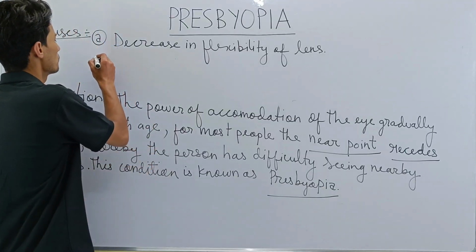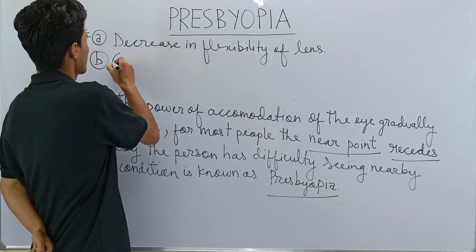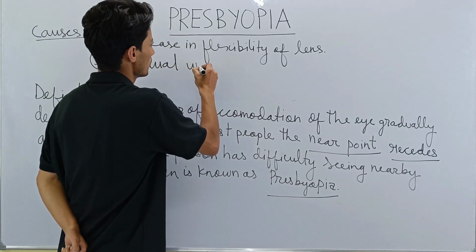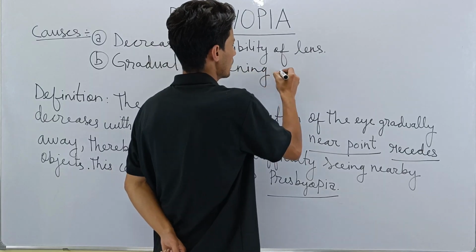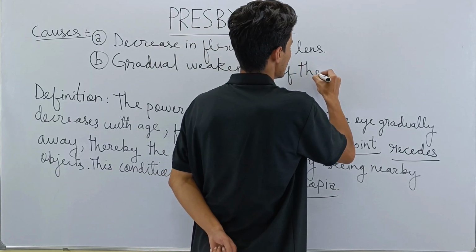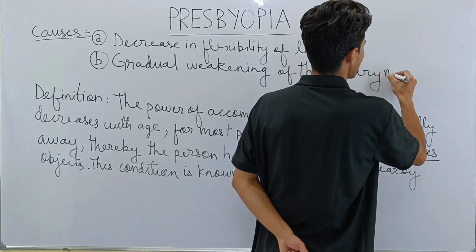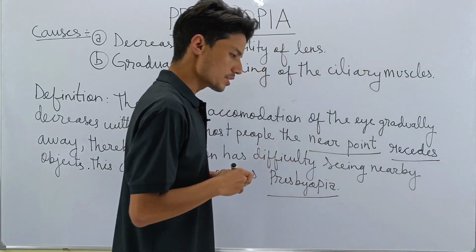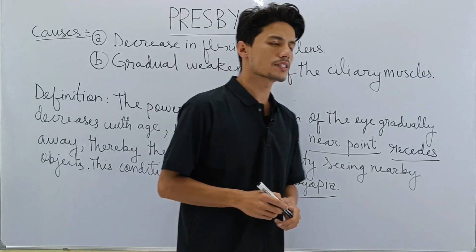Point number B is the gradual weakening of the ciliary muscles. So what does this point mean?